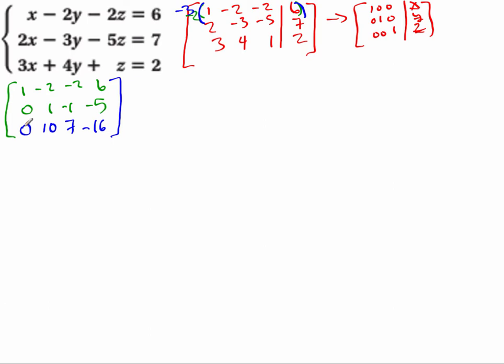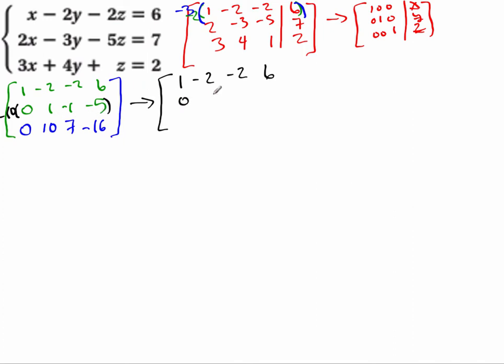Now what I want to do is to eliminate the y variable in both of these equations. I'll tell you what, let's eliminate the y variable in the third one first. So let me switch to black here. In order to eliminate the y variable, I'm going to multiply this row by -10, and then add it to the third row. So I'm just going to leave my top row because I'm not messing with it just yet.